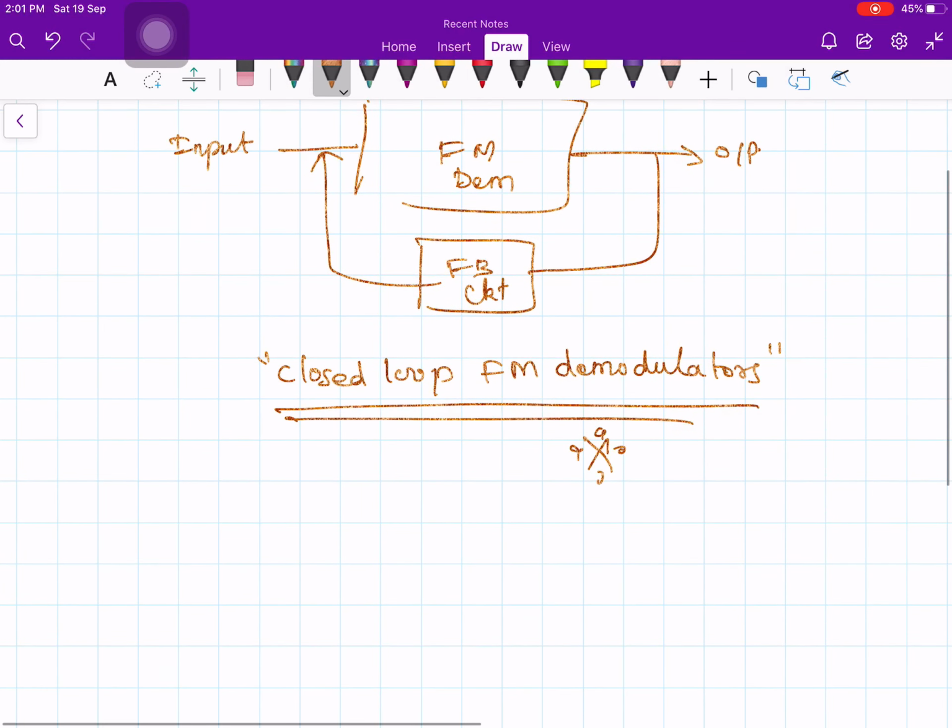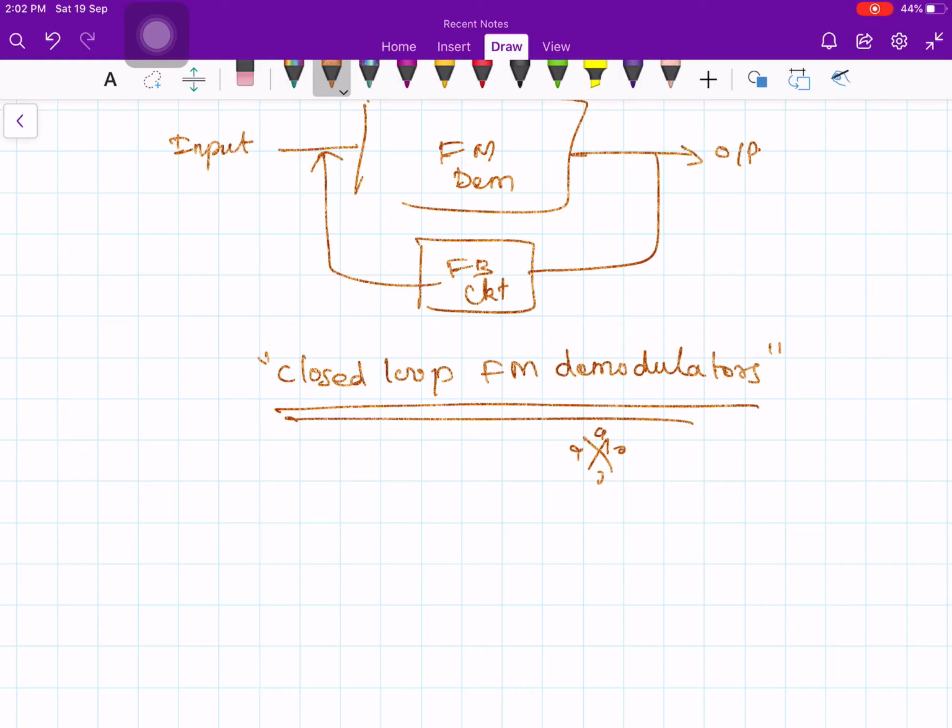For example, applications to which we referred to earlier when we were discussing synchronous amplitude demodulation. So we talked about the need for a local carrier which is synchronized with the carrier, particularly when we wanted to demodulate DSBSC. Whenever you have some synchronous demodulation, there we need this kind of closed loop demodulators. Now the question is, how do you achieve that synchronization? That is again achieved through the same feedback devices which we are going to use for FM demodulation.